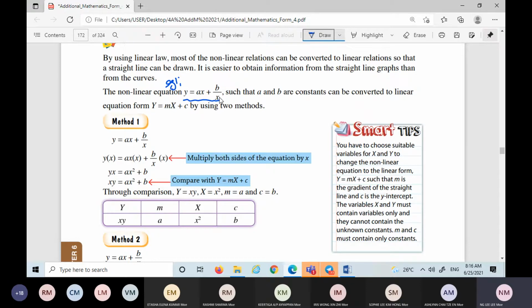So if this kind of question comes out, it can have more than one answer, as long as you follow these conditions. You have to choose suitable variables for capital X and Y to change the non-linear equation to the linear form. m is the gradient and c is the y-intercept. Here c should be capital letter Y-intercept. This one you change, please. Change it in your textbook.